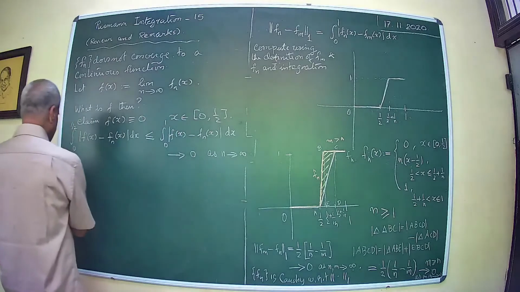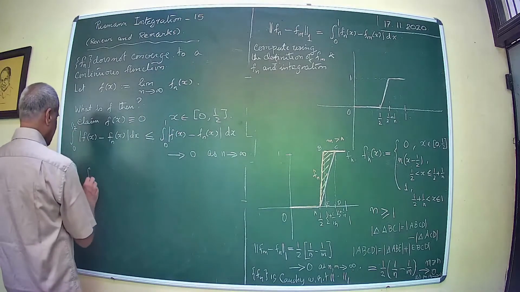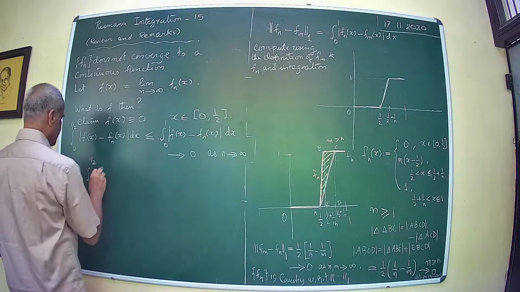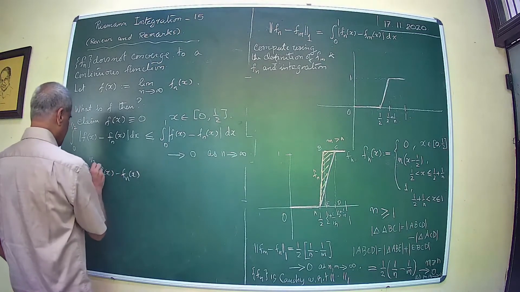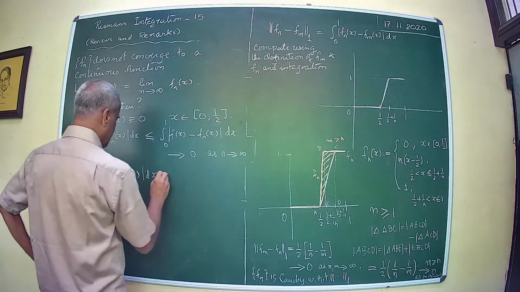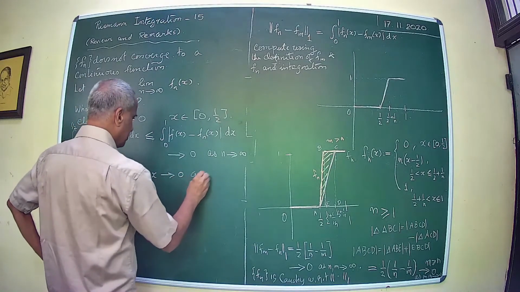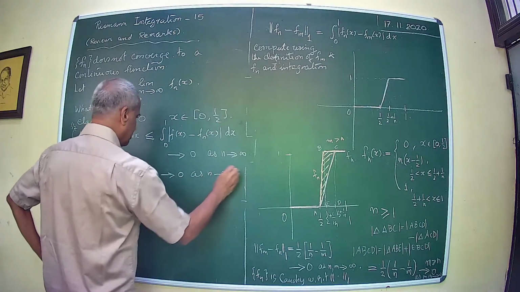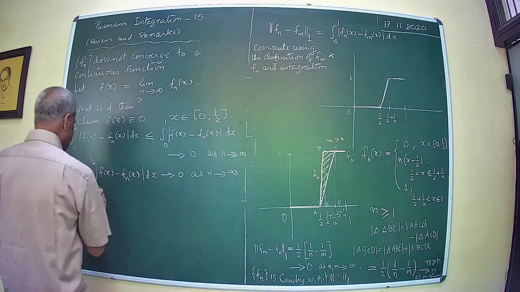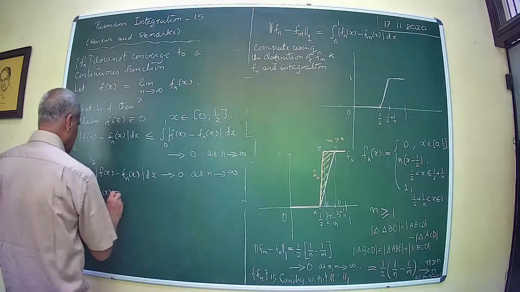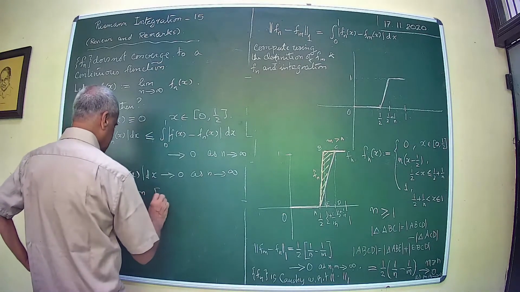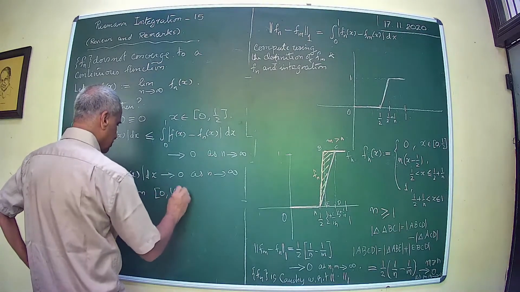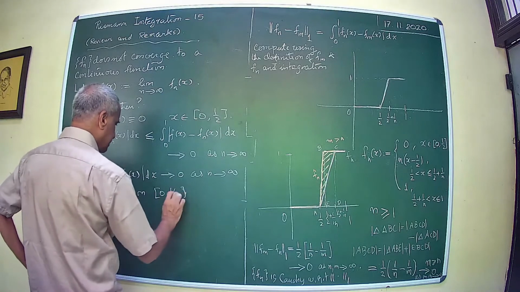Therefore, this implies the integral 0 to half of f minus Fn goes to 0. What does this mean? But Fn is identically equal to 0 on 0 to half. Therefore, what do you get?